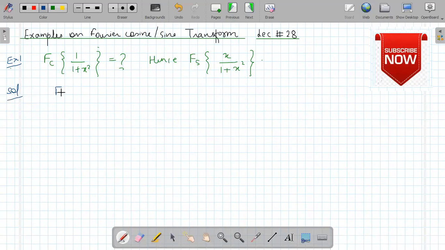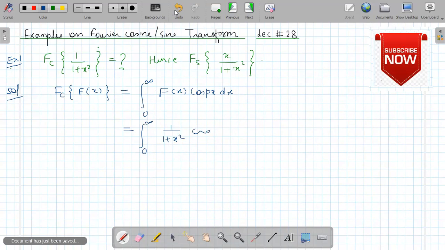By the definition, the Fourier cosine transform of any function f(x) is defined as integral 0 to infinity f(x) cos px dx. Here f(x) is 1 upon 1 plus x square into cos px dx.